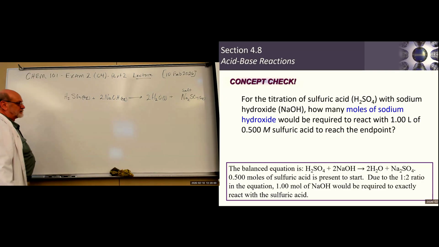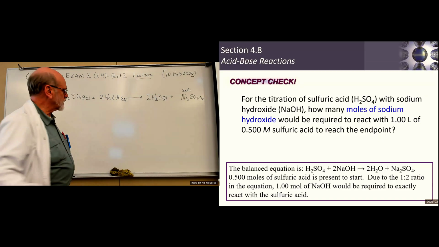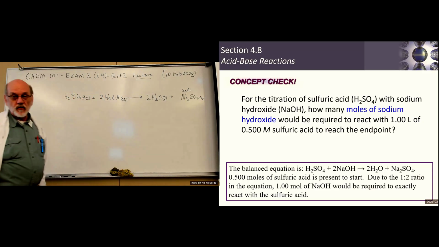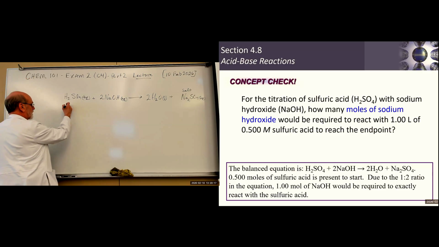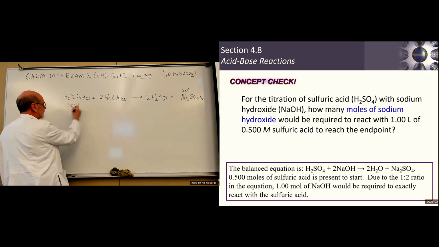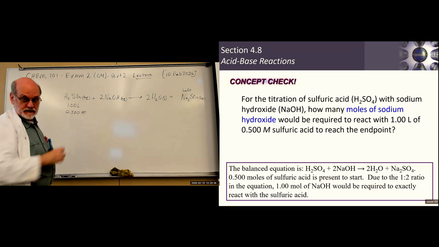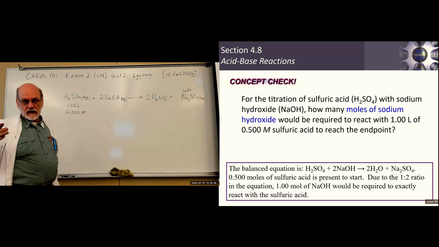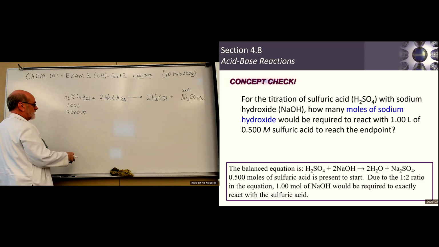Okay. Next, we want to reach the point where everything here is over there. So we're given 1 liter of 0.50 molar sulfuric acid. The question is, how many moles of sodium hydroxide are required?